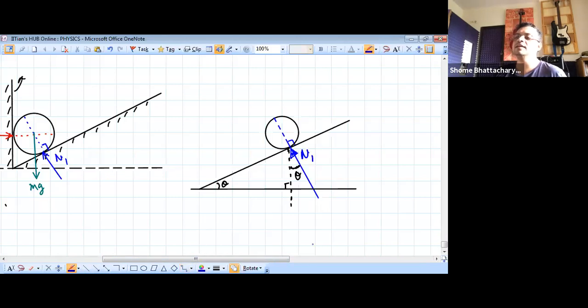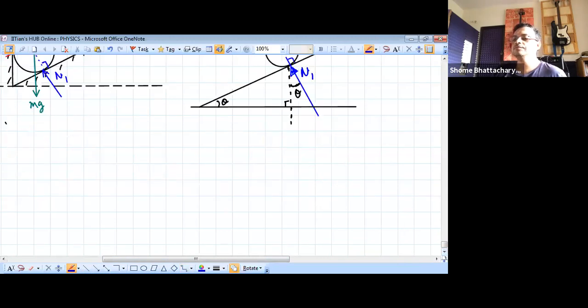This normal reaction is acting at an angle which is theta to the vertical. Therefore, this normal reaction will have a horizontal component. This normal reaction N1 is like this now, and this angle is theta equal to 37 degrees. This angle.